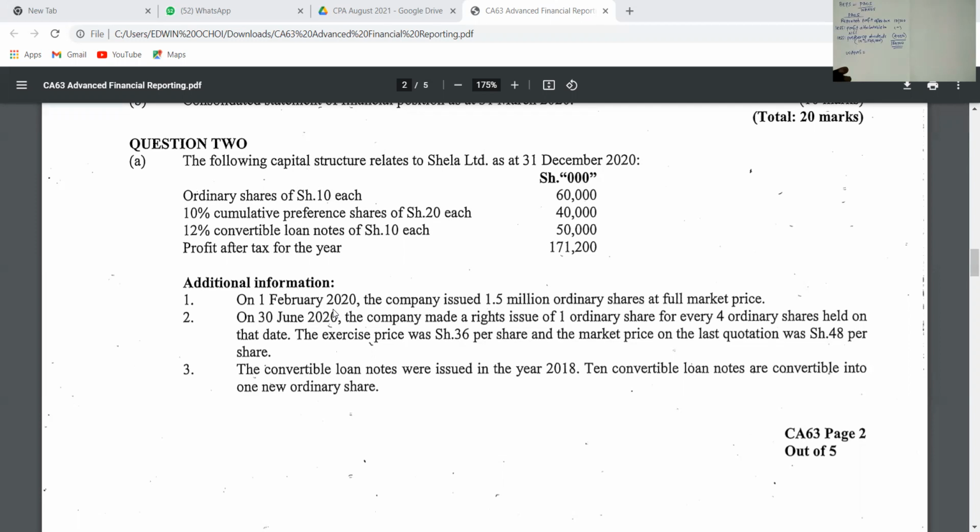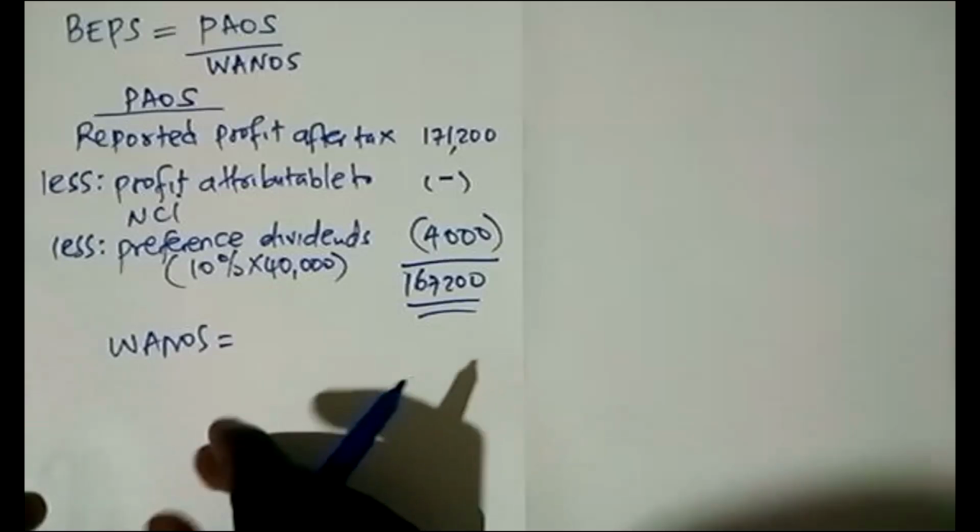So when there is a right issue and you are going to determine the weighted average number of ordinary shares, you have to use a certain formula. This is the relevant formula.